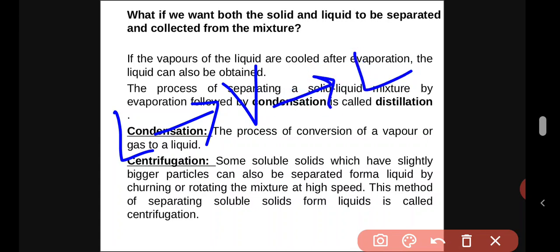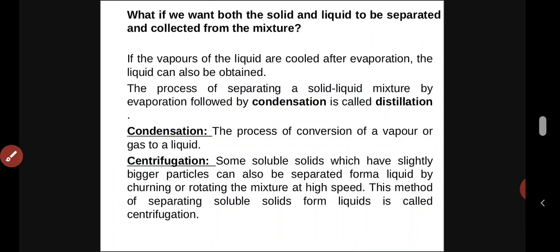So we get that vapor in liquid form again. This is how we collect the vapor when we are heating.